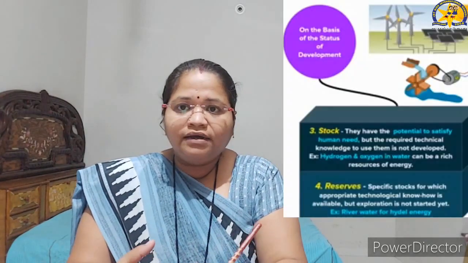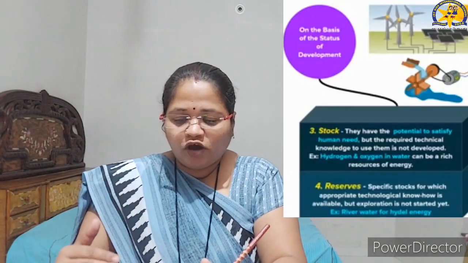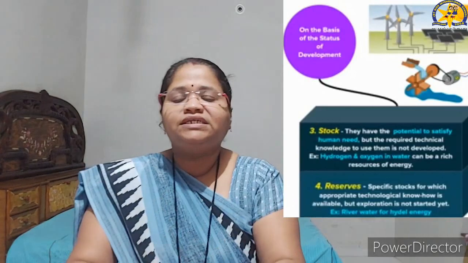Next is stock. Stock means that material in the environment which has potential to satisfy human needs. The stock is able to satisfy the need of human, but somewhere we don't have proper, appropriate technology to extract. So these type of resources are called stock.